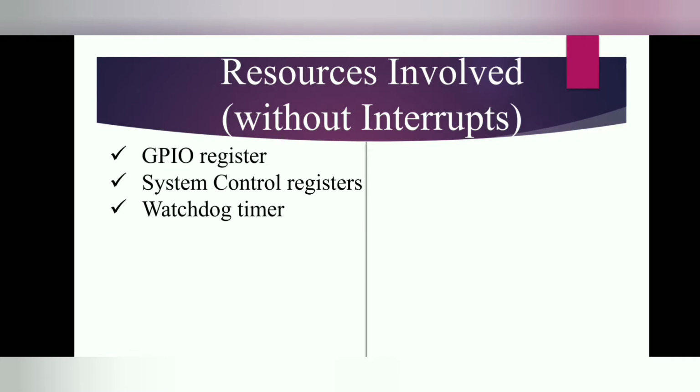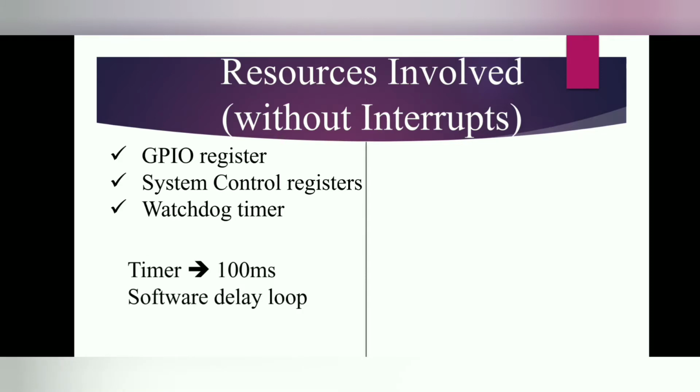Here we are not using any interrupts, so how do we provide the delay? We are using a software delay. We will write code like a for loop and provide the delay in the software itself. We are not using any hardware delay.